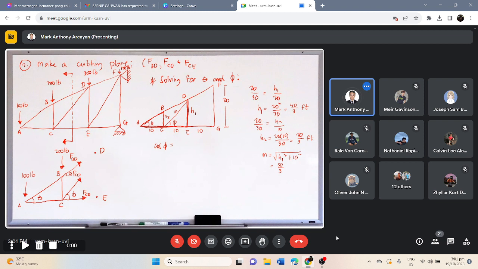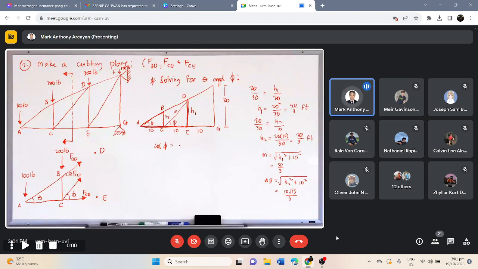Then the length AB is equal to the square root of H2 squared plus 10 squared, with H2 equal to 20 over 3, so AB is 10 square root of 13 over 3.